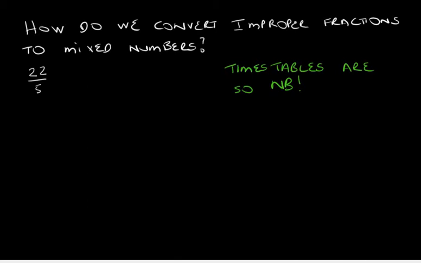The answer is 4. But you know that 5 times 4 is 20 and not 22. So that means that there's a portion left over, and that portion that's left over becomes our fraction. So our answer will be 4, and what's left over? 2/5.